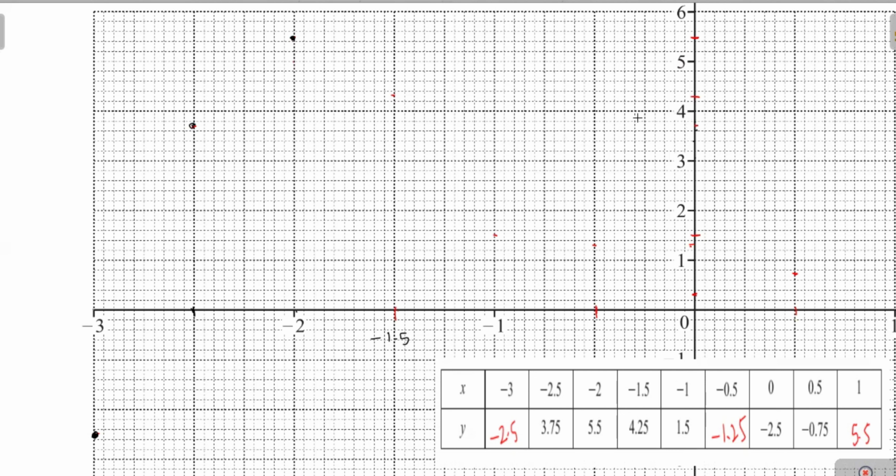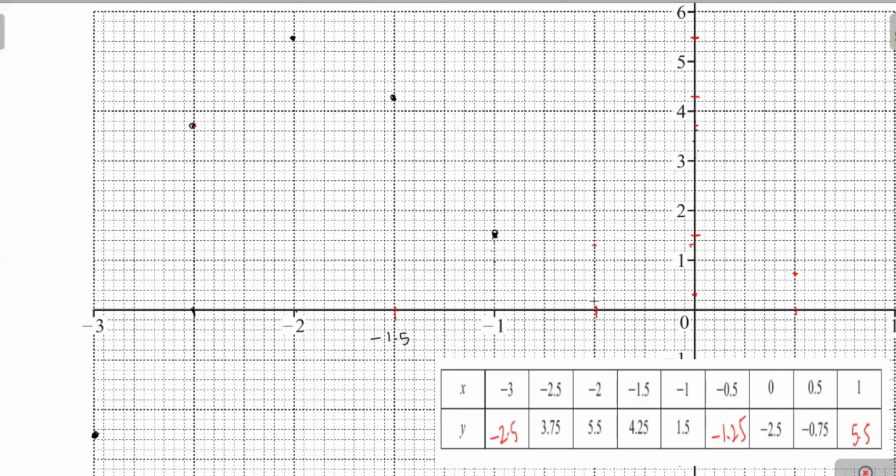This is 4, this is 4.2, and this is 4.3, and the middle, just above the 4.2, is 4.25.